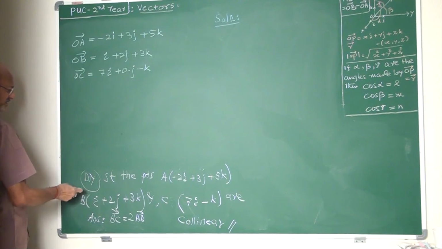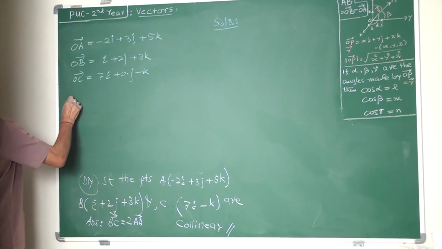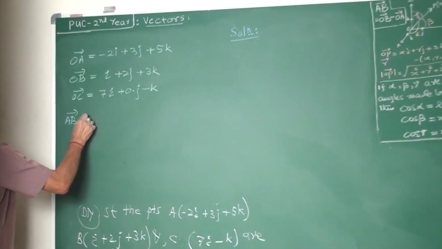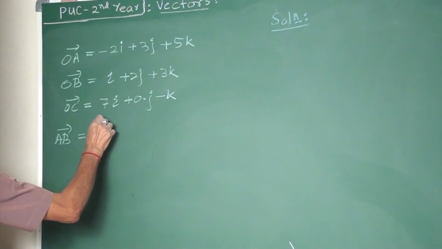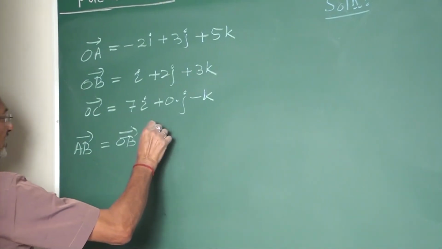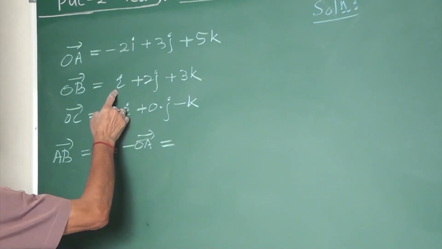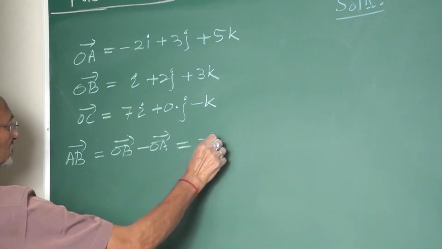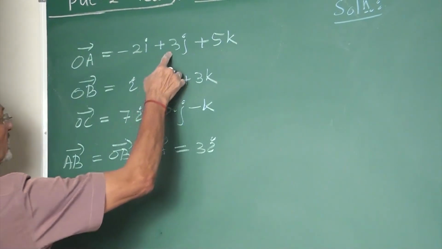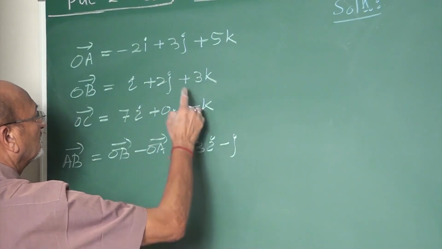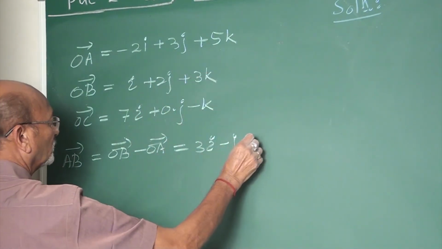Find AB and BC. Vector AB is OB minus OA: i minus of minus 2, 2j minus 3j, 3 minus 5.